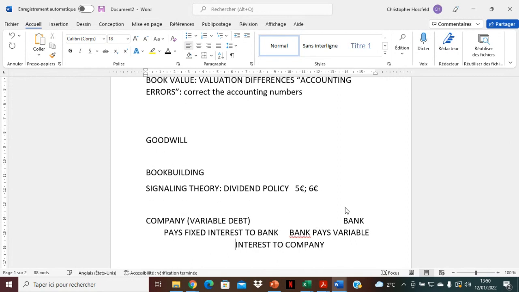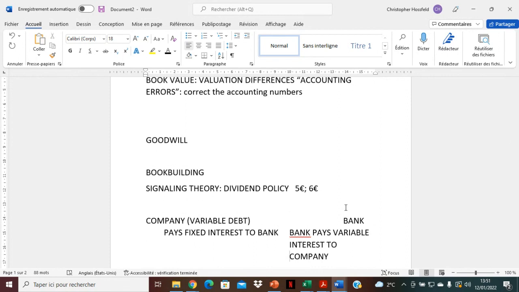So in an interest rate swap, what we do is we exchange interest payments. And here I'm on the payer side. That means I pay fixed interest to the bank. In exchange, I receive variable interest from the bank. And since I have a variable interest debt, I take this variable interest that I receive from the bank and I pass it on to the market.